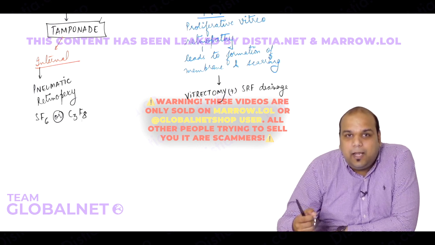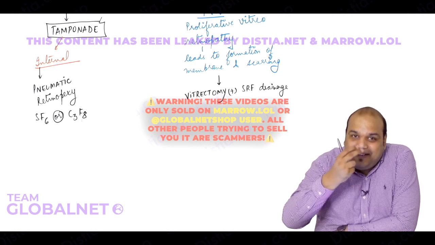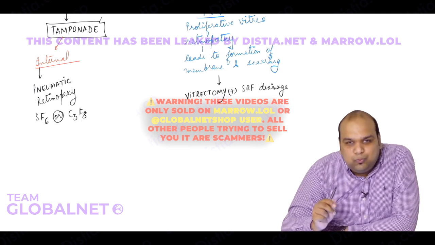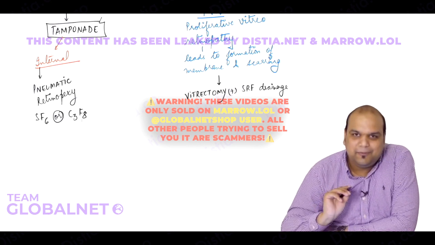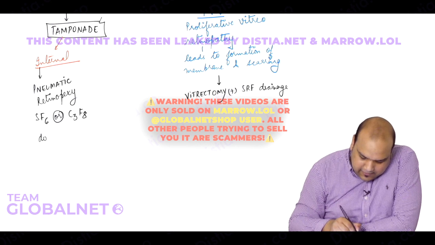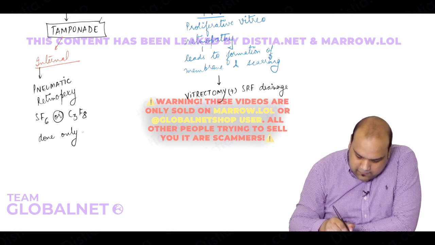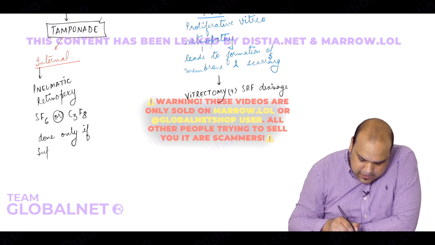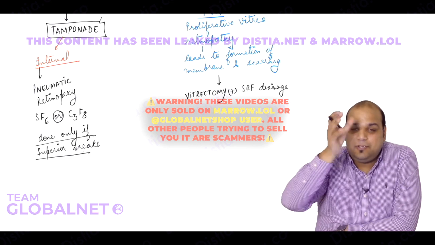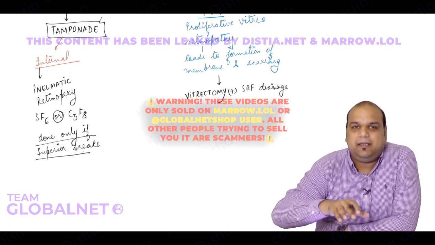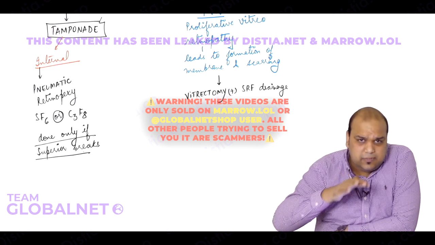It's not that you will blow it like a balloon. Yes, the air has to have density. I hope you understand this. Am I clear to everybody? This is usually done only if superior breaks. Because the gas will rise up. So if there is an inferior break, then the gas will almost always be useless.